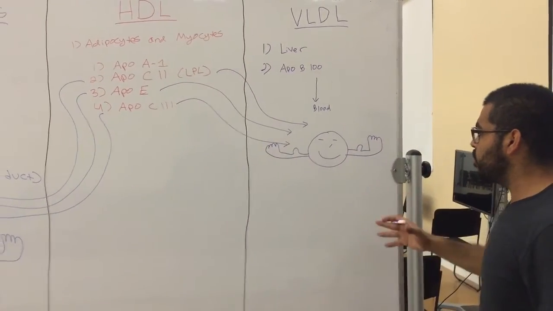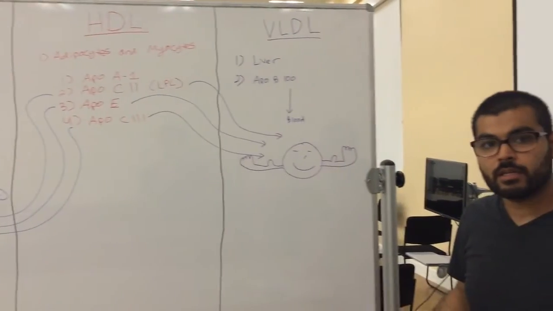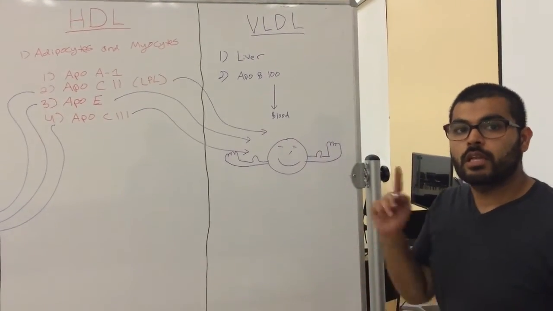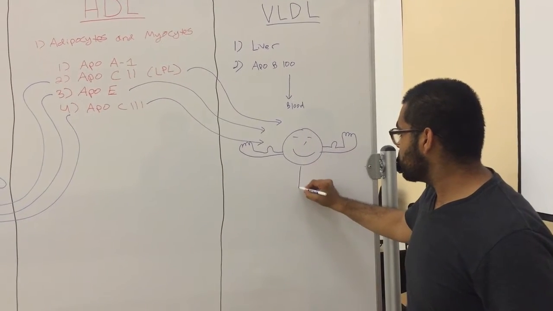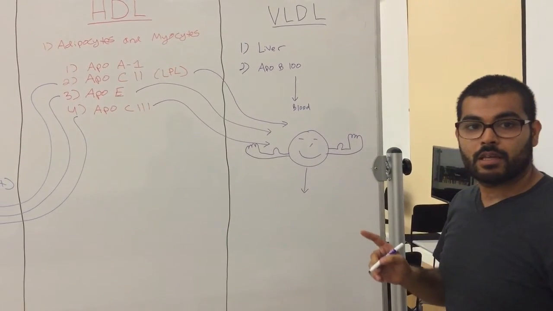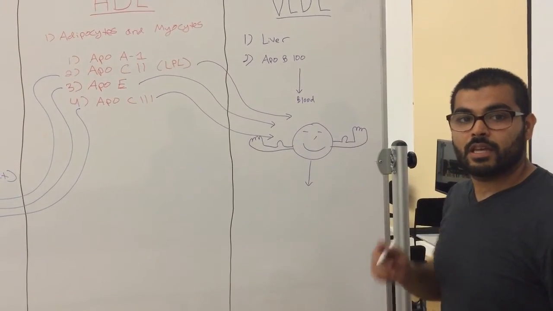Now, at this point, when it circulates in blood, this also interacts with lipoprotein lipase, right? So when this interacts with lipoprotein lipase, VLDL becomes IDL.